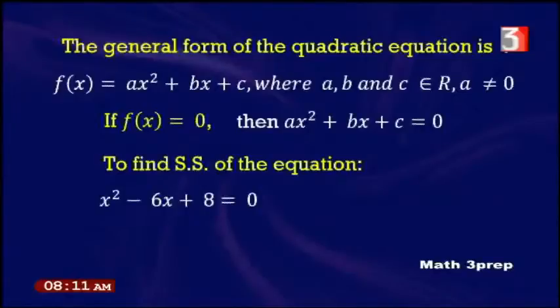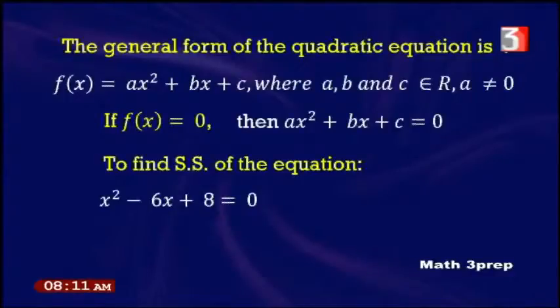Yes, of course, you have studied the previous year how to find the solution set of such an equation. How? By making factorization. So, what about x power 2? It is x multiplied by x. What about 8? 8 is 1 multiplied by 8 and 2 multiplied by 4.